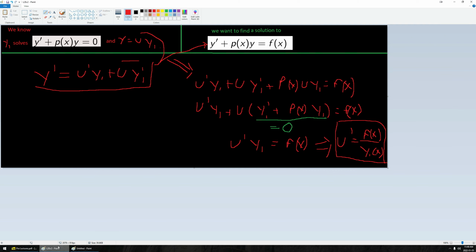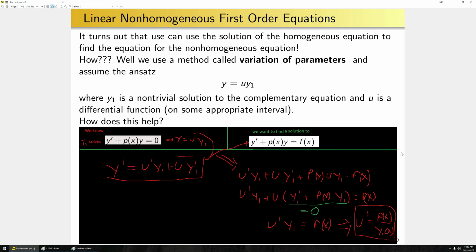By making this ansatz, I get an expression that I can solve for u, and then I can plug that in, and lo and behold, I get a solution to the non-homogeneous system of equations. Again, this method is called variation of parameters, and we will see it throughout this course. Okay, so sticking this in the slide, that's the justification for why this helps.